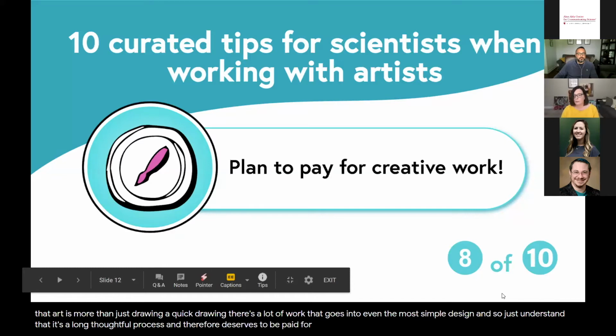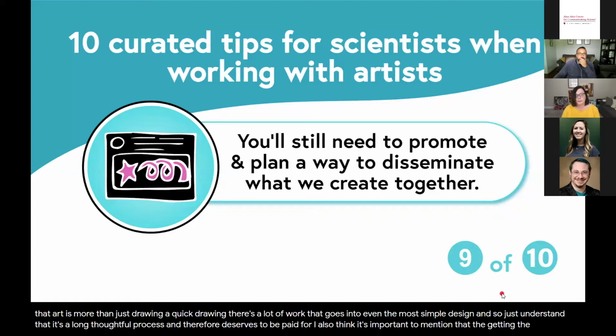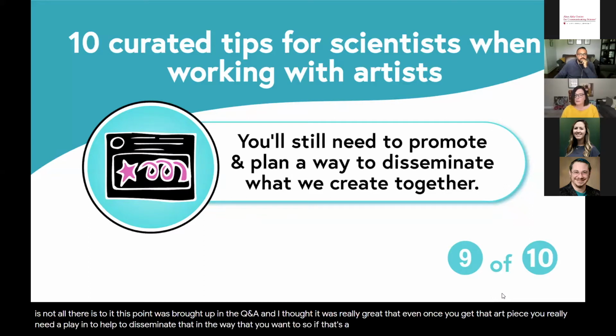I also think it's important to mention that getting the art done is not all there is to it. This point was brought up in the Q&A, and I thought it was really great that even once you get that art piece, you really need a plan to disseminate it in the way that you want to. If that's a grant proposal, obviously it's more straightforward because you're going to put it in the grant.